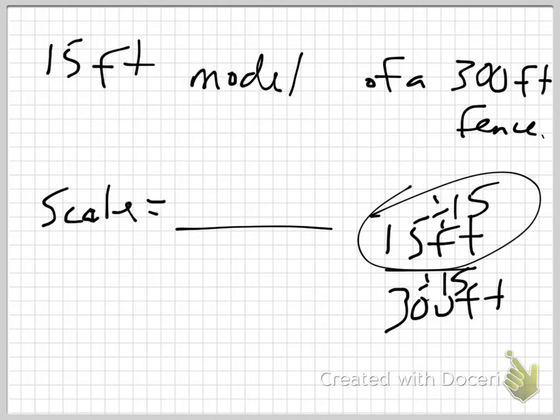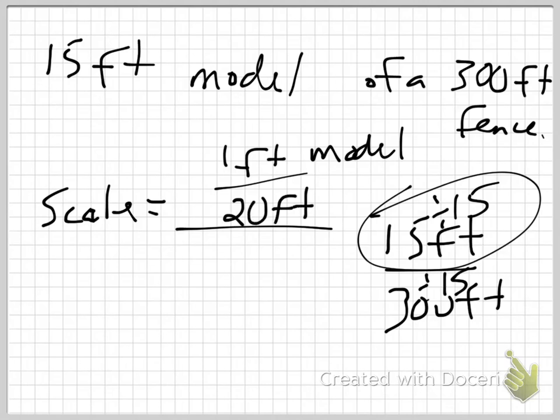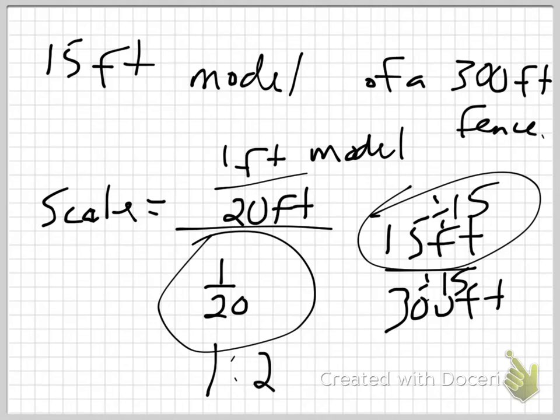So it's 1 foot model. What is 300 divided by 15? So the scale is 1 to 20. Does that make sense? That's how you'd write it. The scale is 1 to 20, or you'd write it 1 to 20. It doesn't matter. Make sense? Are you allowed to label it? Yeah.